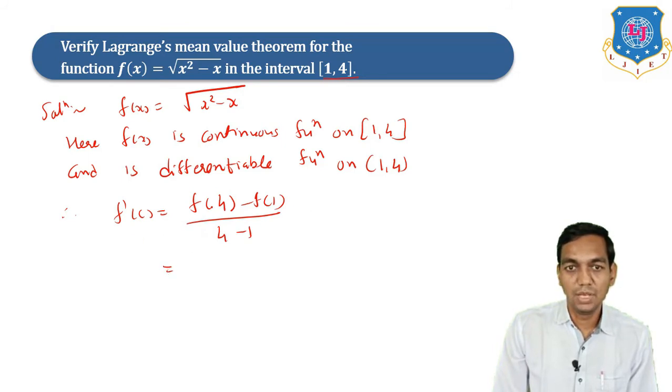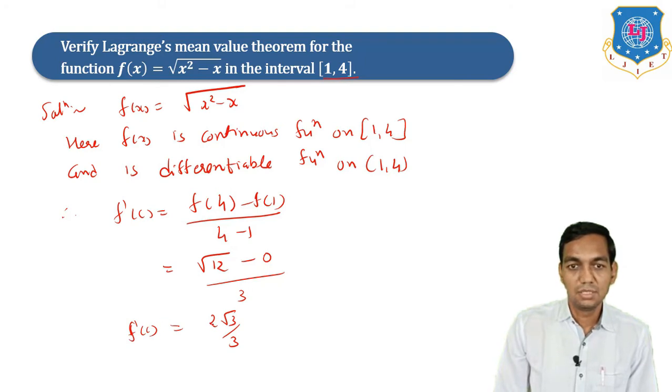Now put the value f(4): 4 square is 16 minus 4, so root 12, minus f(1), 1 minus 1 is 0, upon 3. So root 12, that is 2 root 3 by 3. Correct? So this one is the f dash c.